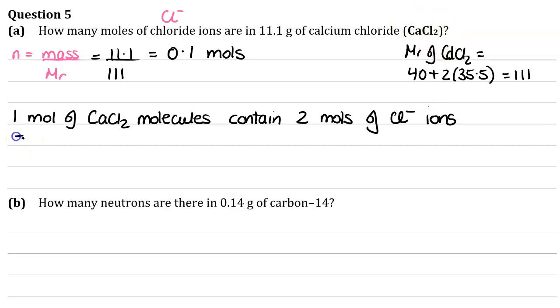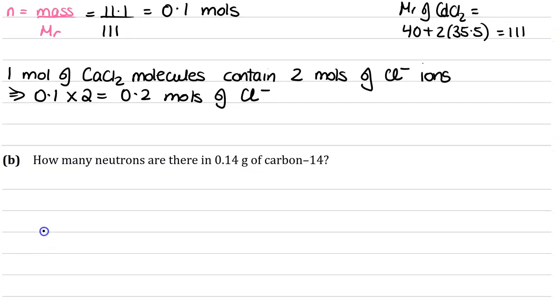So that means we take the 0.1 moles and times that by 2. So that means we have 0.2 moles of Cl minus.